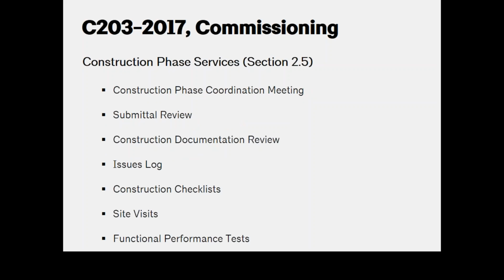The commissioning provider also has a number of responsibilities for performing work during the construction phase services. I'm not going to go into all of those here, but they'll be doing things like creating an issues log, and other things like attending site visits and observing and documenting functional performance tests, as well as creating construction checklists that an owner's contractor can use to verify the materials and components are on site, ready for installation, and correctly installed.